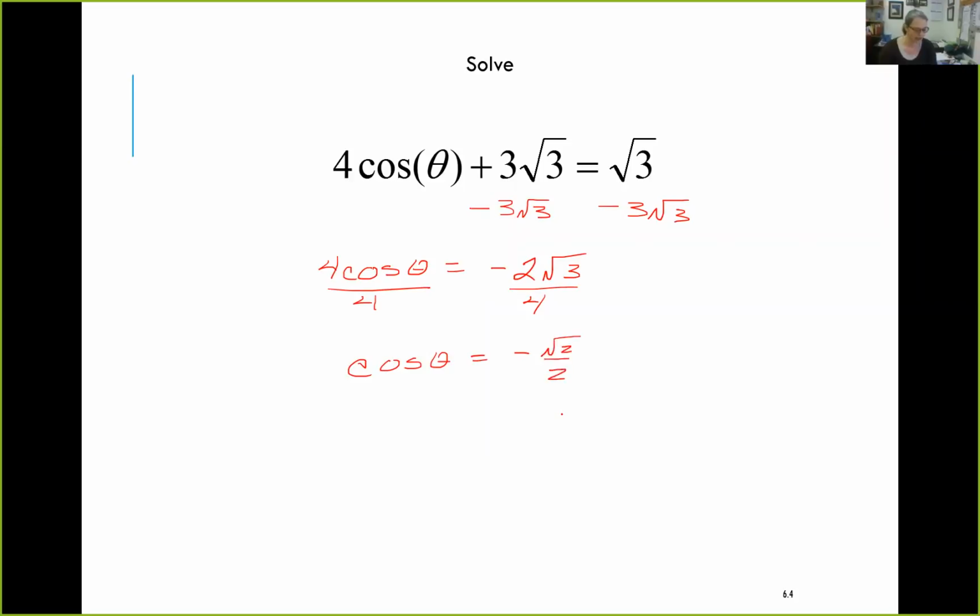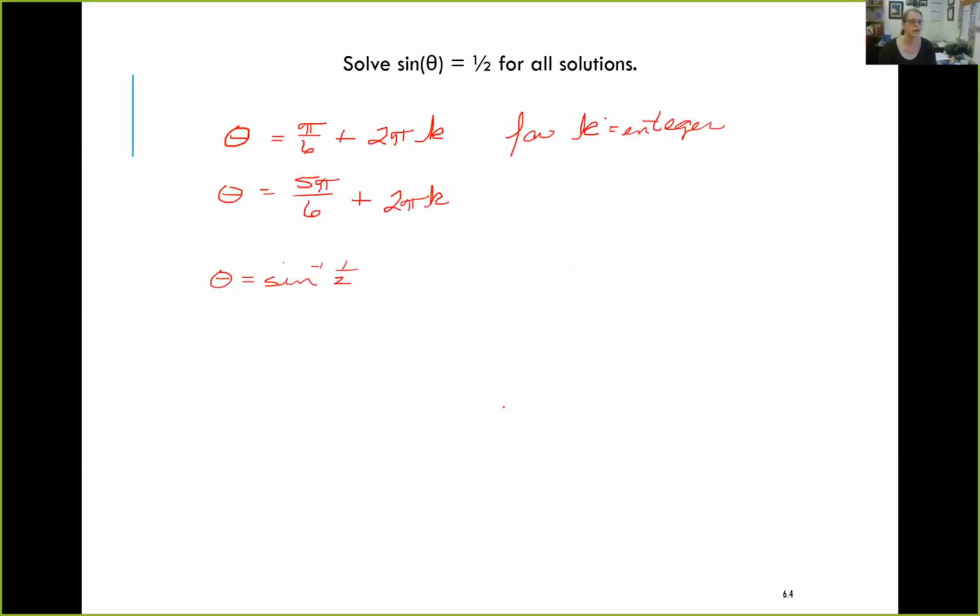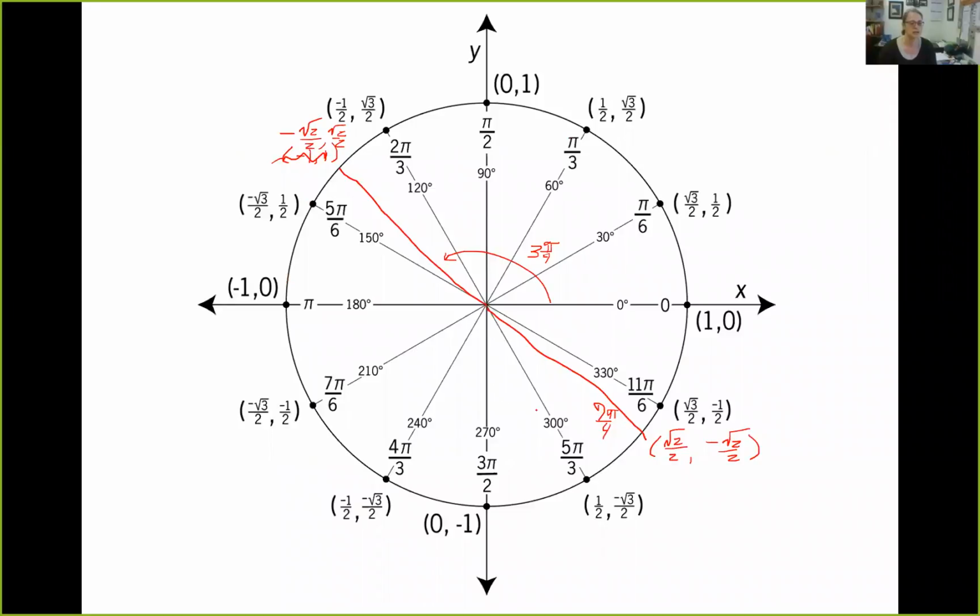You are looking at the angles which have a cosine of negative root 3 over 2. Go to your periodic or your unit circle and pick up those angles. And they are 5 pi over 3 and 4 pi over 3. Whoops, nope, I'm looking at cosine.